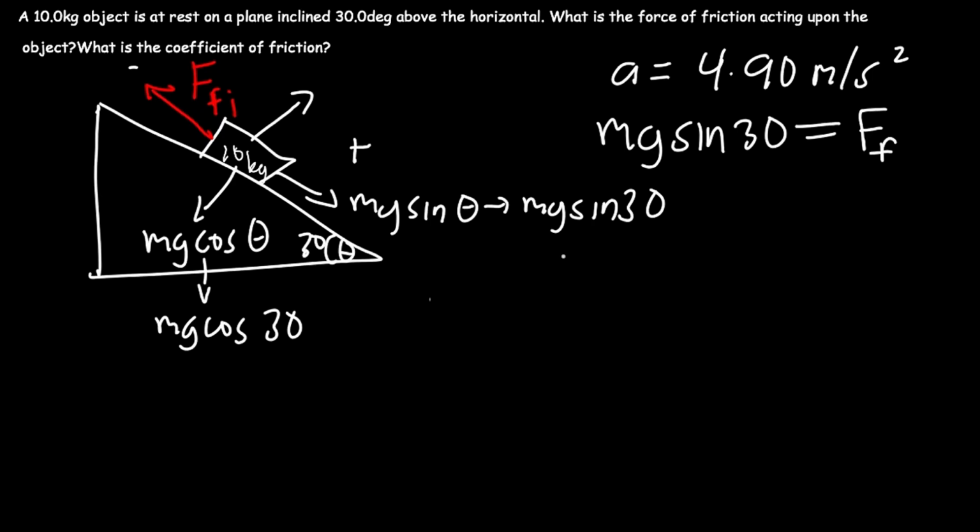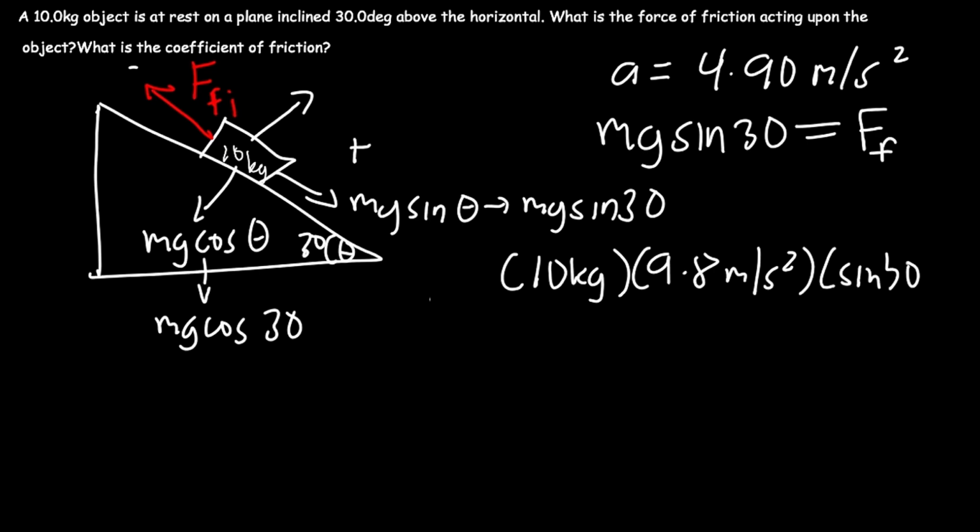So dito nagmamatter na si mass. So we have 10 kilograms. Then yung quantity ng gravity, 9.8 meters per second squared. Si sine 30 natin. And equals to Ff.